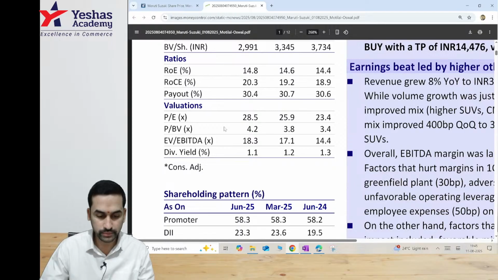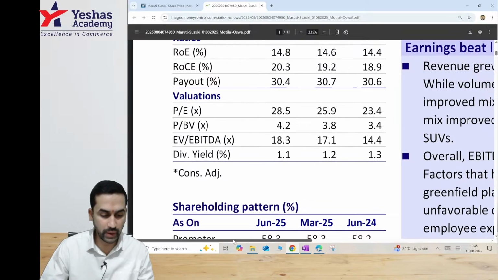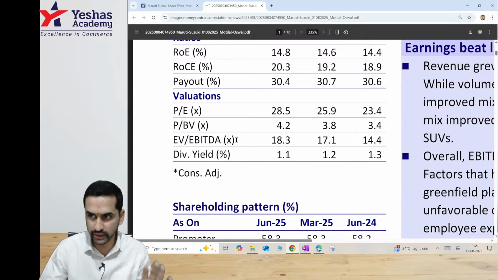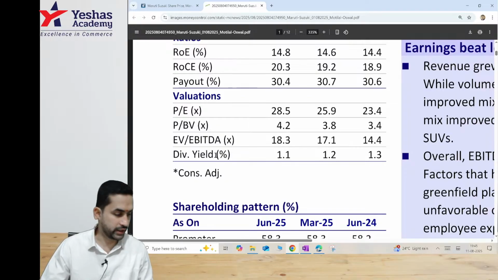Price to book value. EV to EBITDA, you don't have to worry now. This is for CA final. For those who want to know, EV means enterprise value. Enterprise value divided by EBITDA. You don't need this at inter-level. Don't worry. Dividend yield, you know what is the meaning of dividend yield.